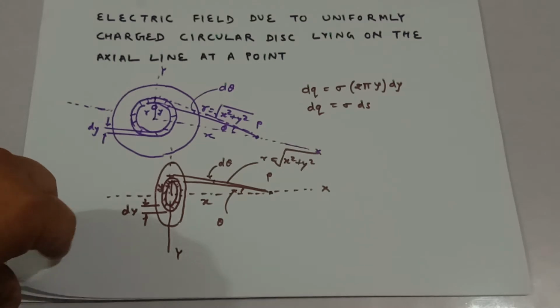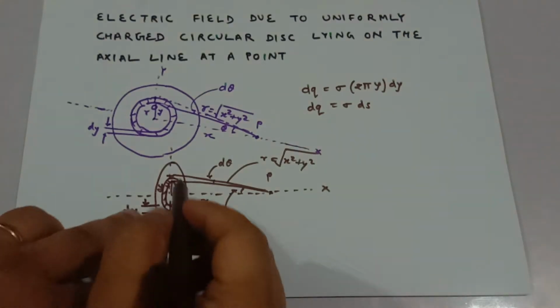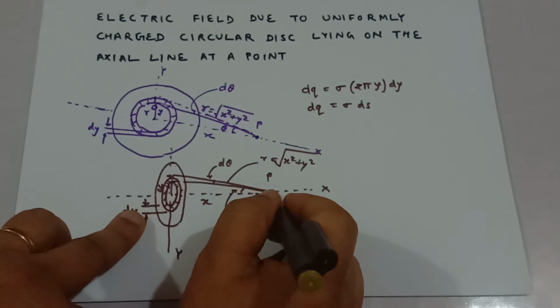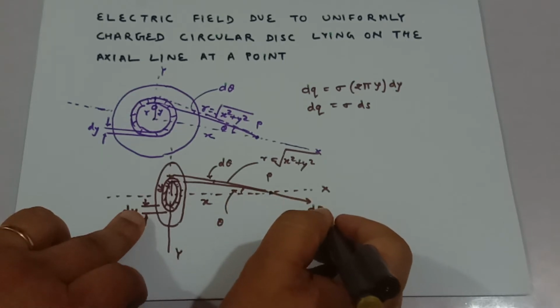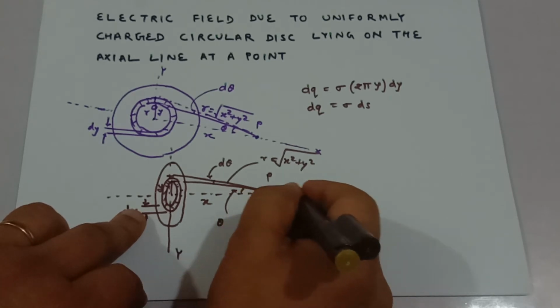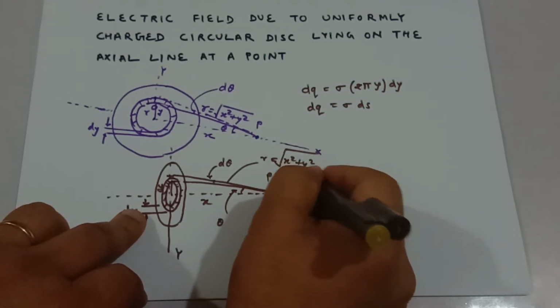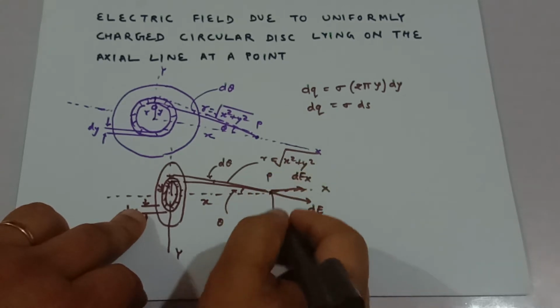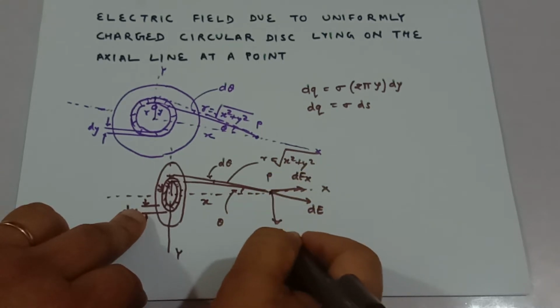So now our task is to find what is the electric field because of this strip, and suppose the direction of this electric field is in this fashion, and that magnitude is dE, and that can be resolved into two components, one along the x-axis and another in this direction, which is along the y-axis.